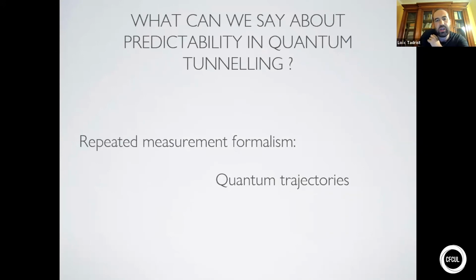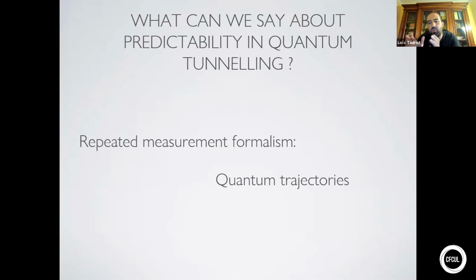Then we tried to compare to what can be said with quantum mechanics. As you know, in the orthodox view of quantum mechanics, you cannot define a trajectory. So to do it, we just tried to repeat measurements. We measured the position of the particle and its velocity.